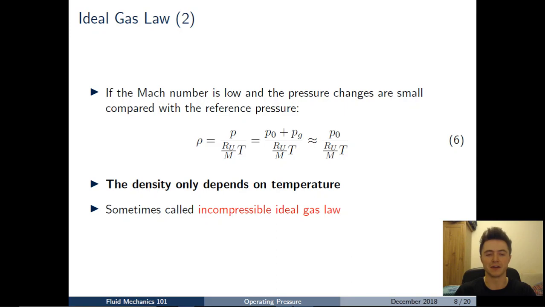And what that means in effect is that with this form of the ideal gas law, the density is only a function of temperature and it doesn't depend on the static pressure. And this is a reasonable assumption if the Mach number is low. And for this reason, some CFD codes will refer to this as the incompressible ideal gas law. So you have to be careful when you select the type of ideal gas law that you're using. And we'll look at what happens in a compressible flow a bit later in this talk.